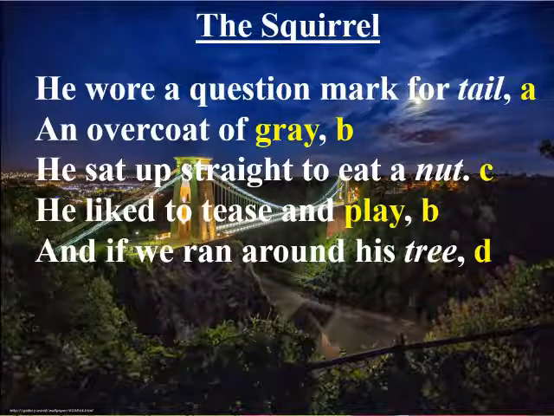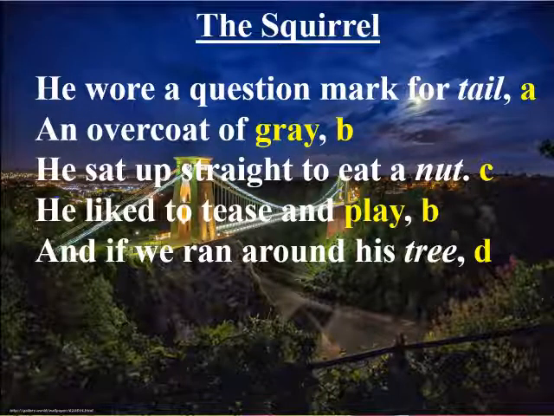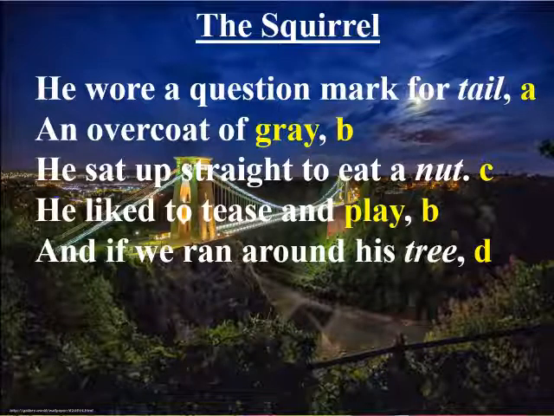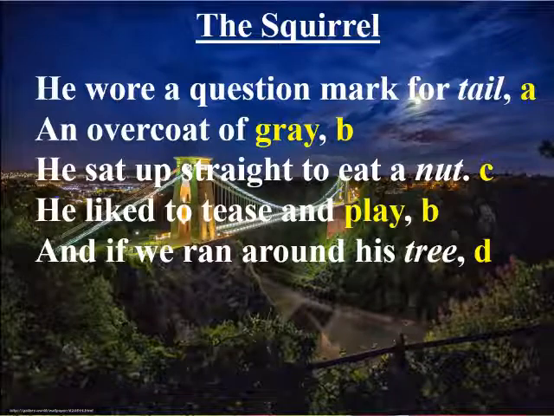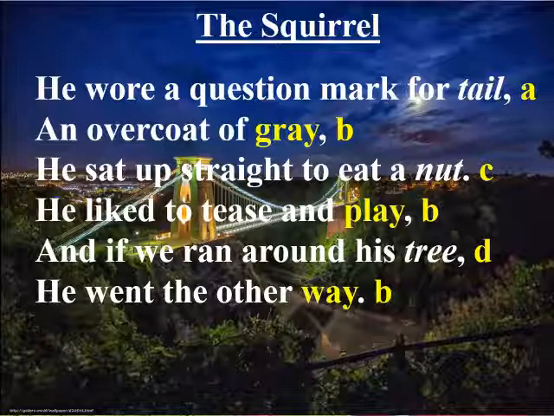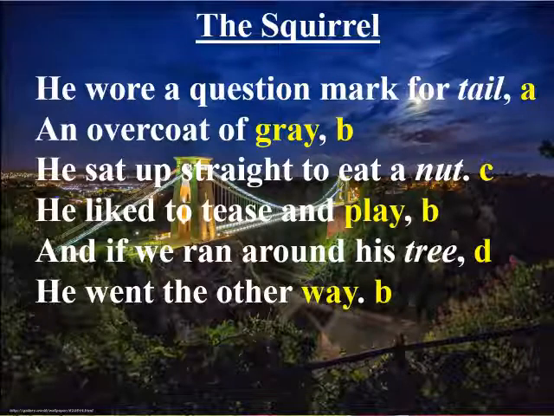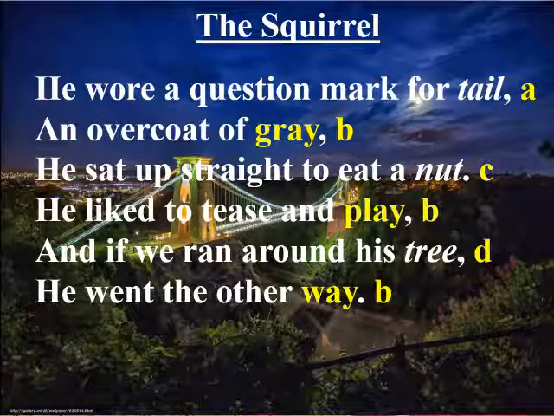And the fifth line, here the last word is tree and it has got a different sound, right? Therefore, we label it with D. And the last line of the poem, in this line, the last word is way, and we can see that the sound of this word is the same as the second line's word gray, and the fourth line's last word, play.